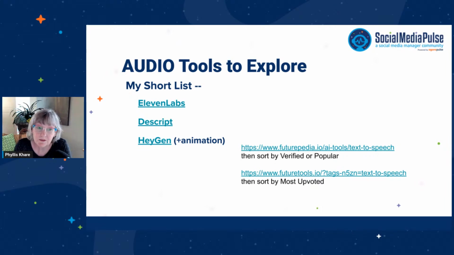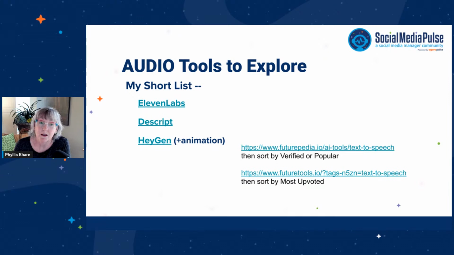Also, Descript has an amazing audio system where you train it to learn your voice, just like you do in 11 Labs, and then you can type things that are missing in your video. And hopefully you guys know the magic of Descript. First of all, Descript is a magical tool, hands down.